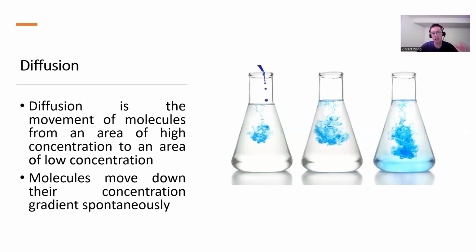If you think about a glass of water and you add like 5 teaspoons of salt and dissolve it, that's a concentrated solution. That's a high concentration because it has a lot of salt in it. You take the same amount of water in another glass, but now you only put a pinch of salt in it, then that's low concentration.